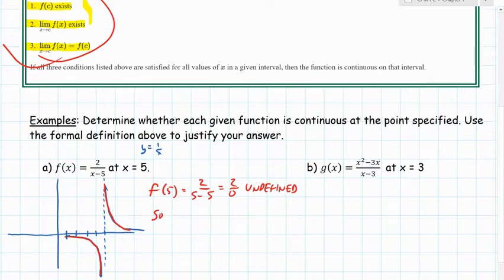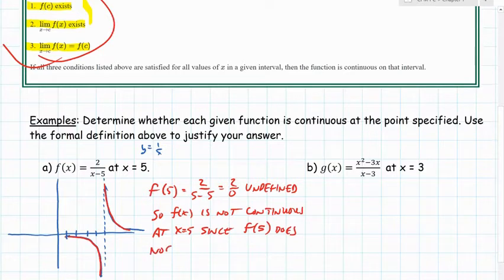So we say f of x is not continuous at x equals 5, since f of 5 does not exist.